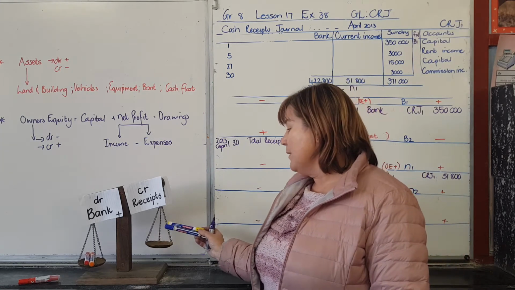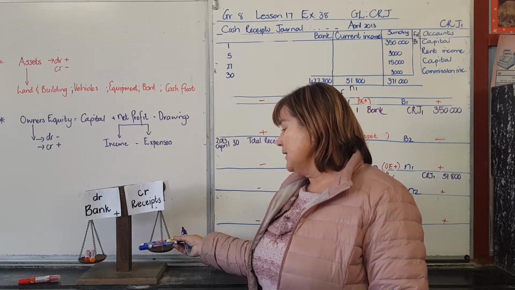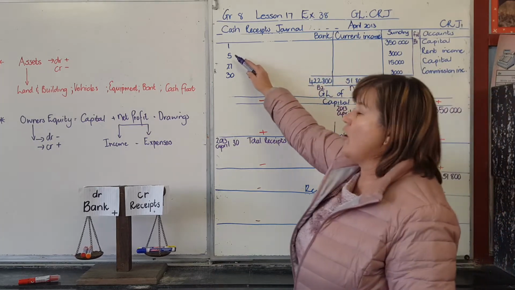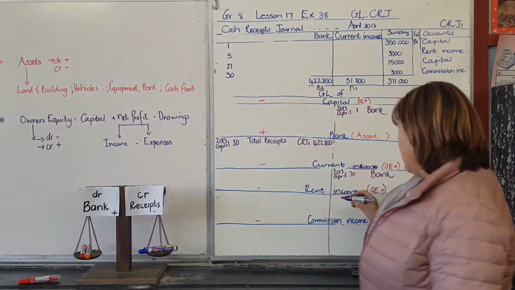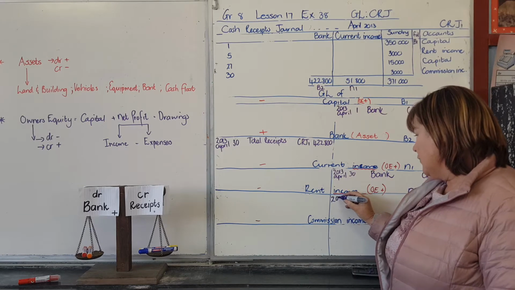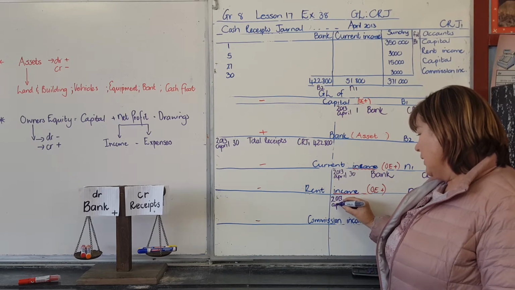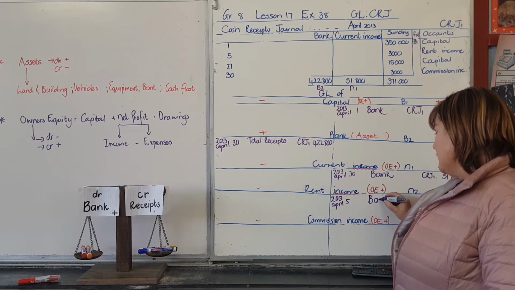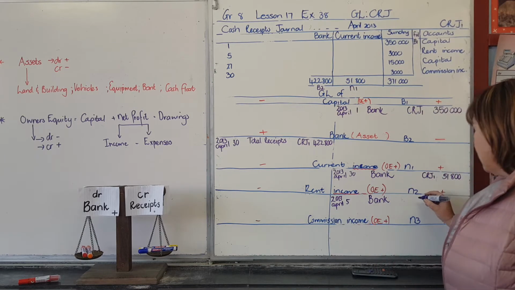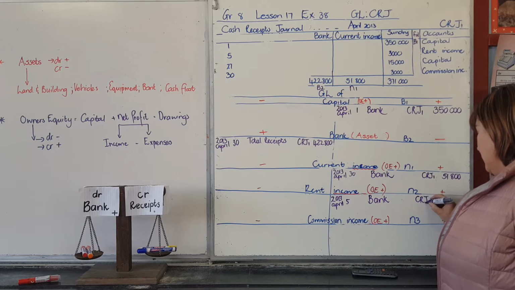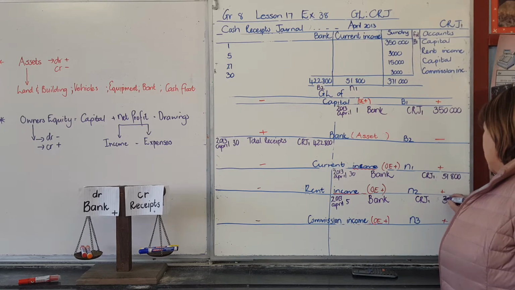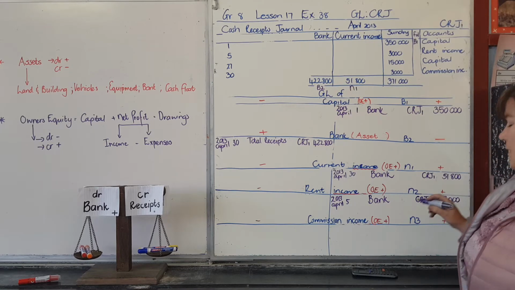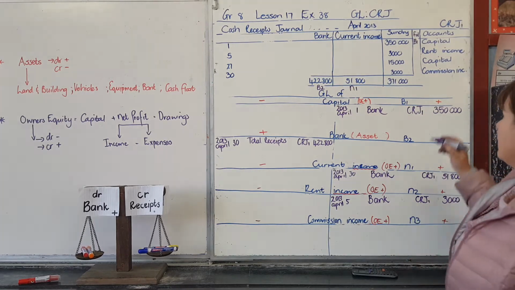So your rent income account will be credited with an amount of 3,000 Rand on the 5th. So now, rent income, 2013, April the 5th, we've actually banked that amount, we've entered that into our CRJ, and the amount came to a total of 3,000 Rand that we've received.